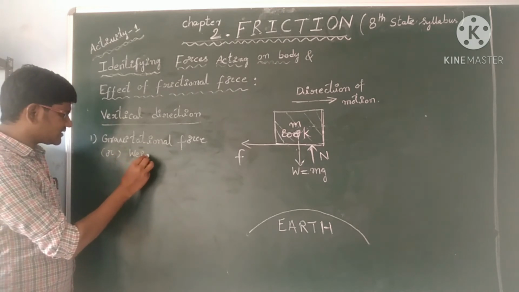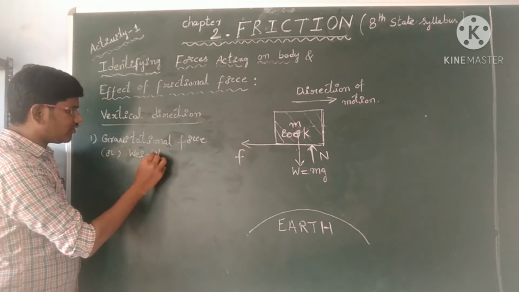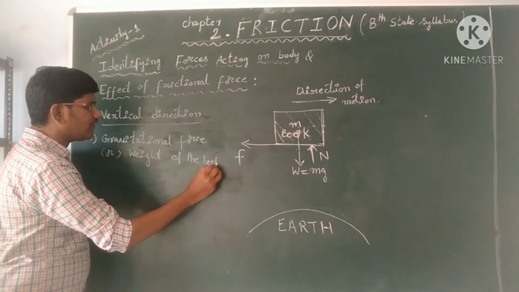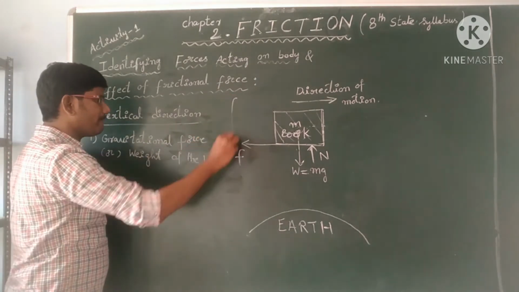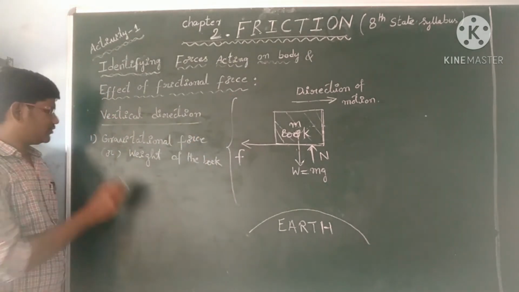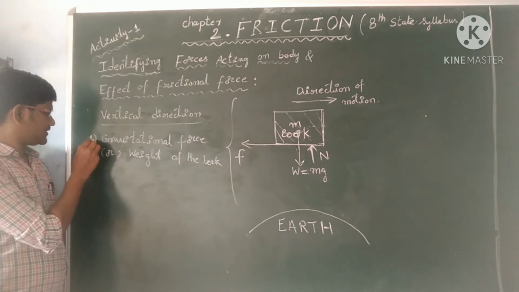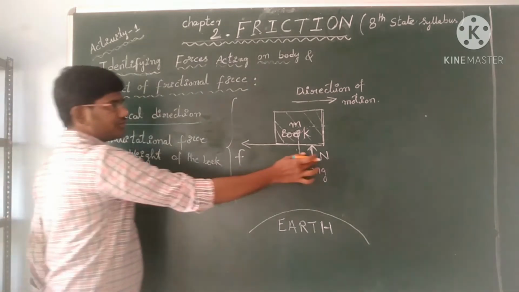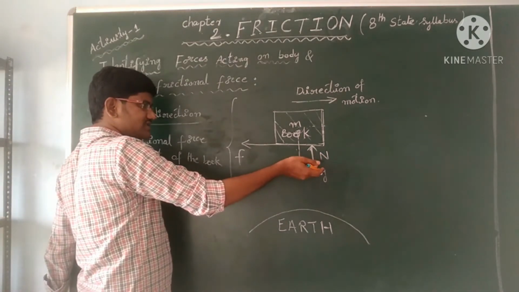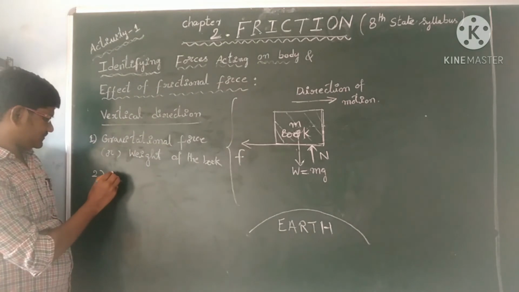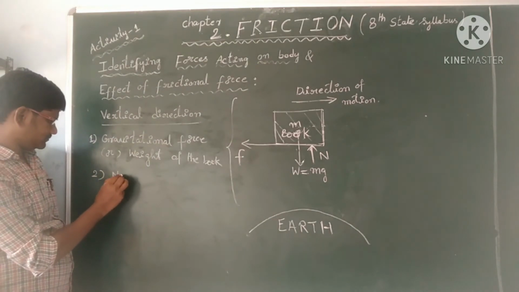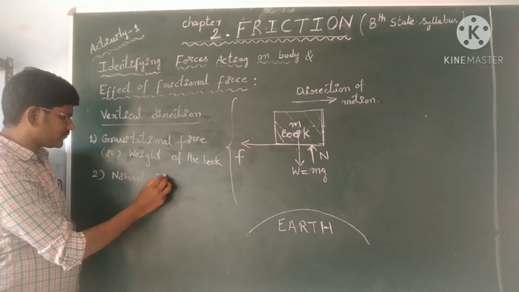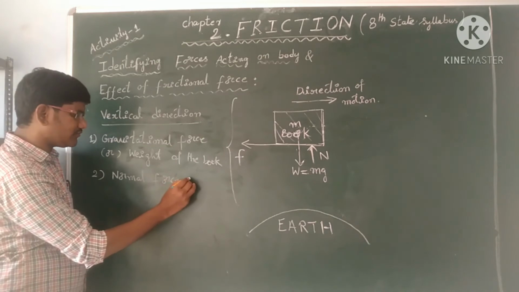You can call it gravitational force or weight of the book. And the second force is the normal reaction force exerted by the floor. So means normal force or normal reaction force.